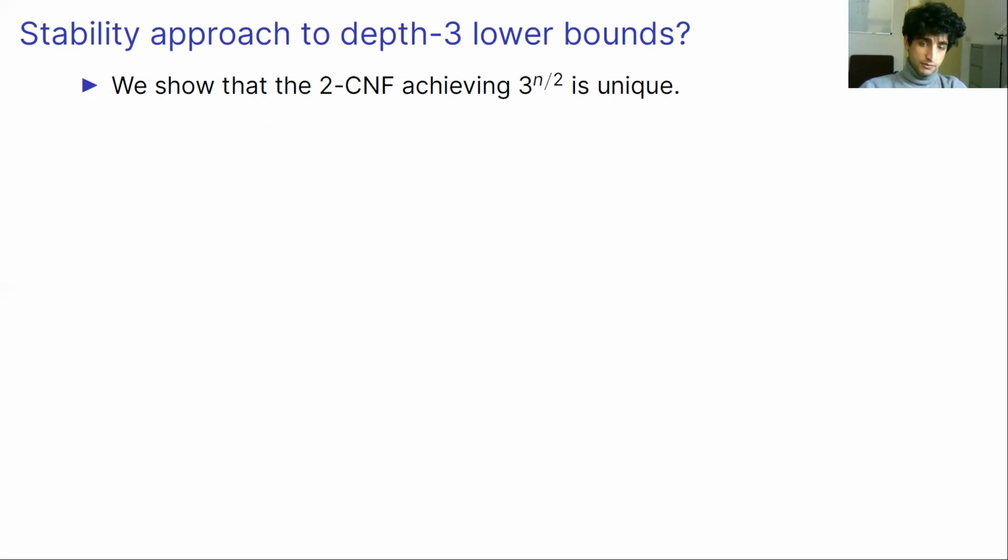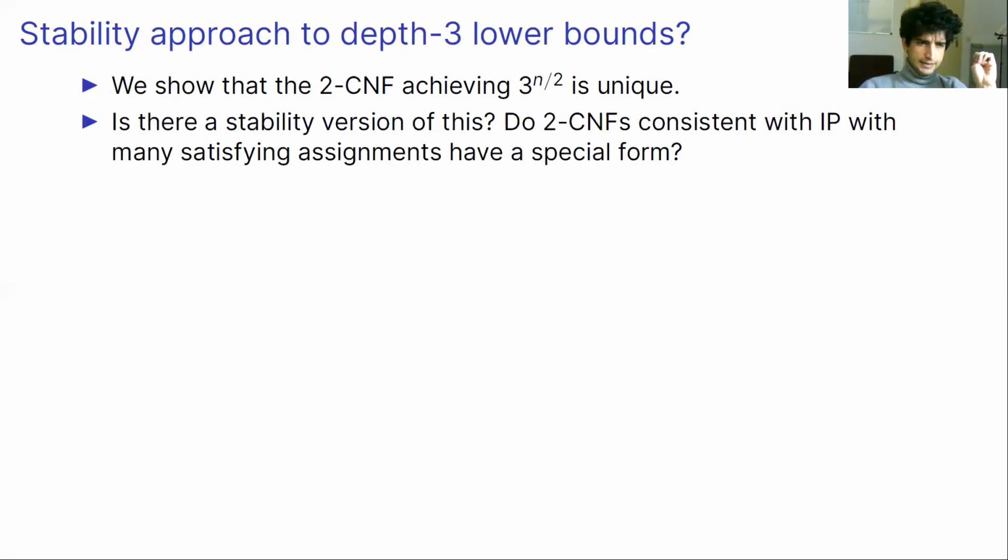It's an analog of Turán's theorem for 2 CNFs. And the question is if we can extend this further. Is there a stability version of this? Stability means that maybe this object is not achieving the extremal quantity, but it's close to it. So does it still have some particular form? And does this particular form allow us to show that the circuit has to be large?